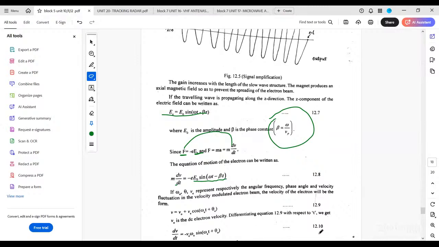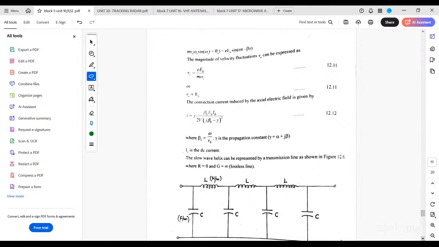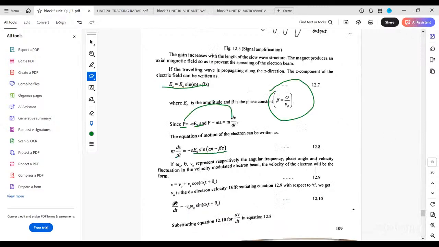Next step. Here the velocity is taking as V naught plus VE cos omega ET plus theta E. Again differentiating this one, cos equal to minus sin. Only I am choosing second term.